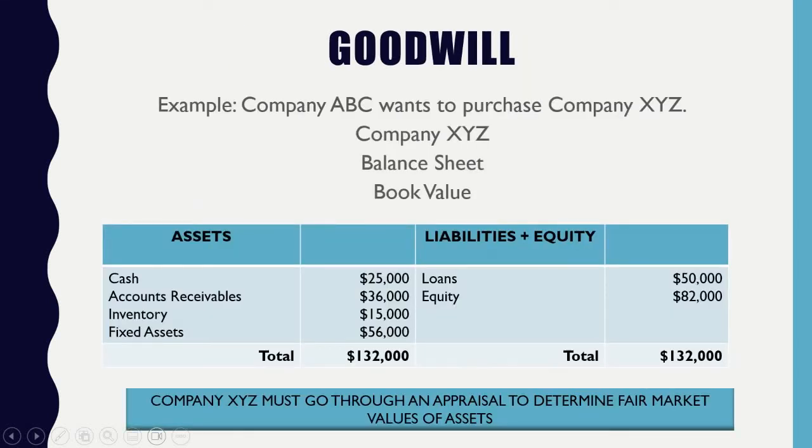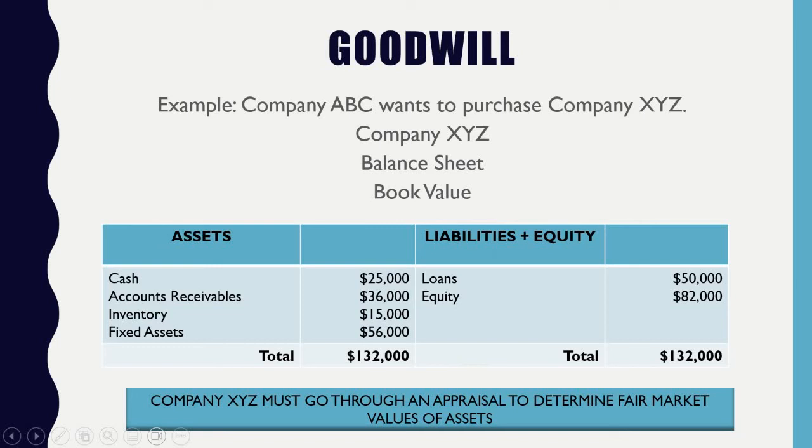So in this example, company ABC wants to purchase company XYZ. Whether company XYZ exists or not is up to company ABC. ABC can continue the operations of XYZ in hopes that it becomes a company of its own.